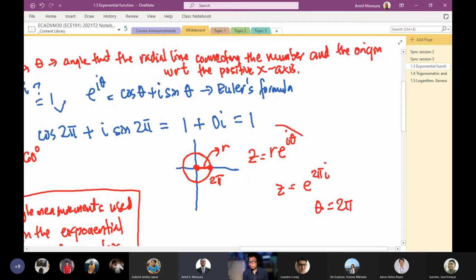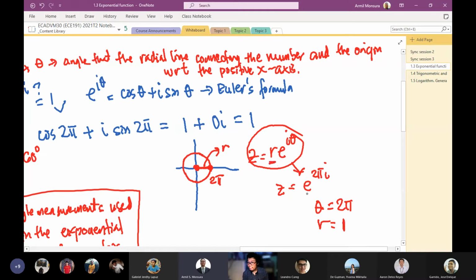Ikumpara nyo to dito. So, theta here is 2 pi. How about the value of R? What is R? Ano yung value? 1 po, sir. So the value of R is 1.